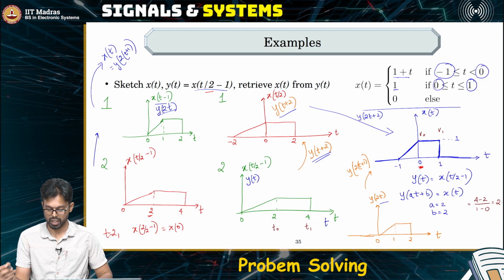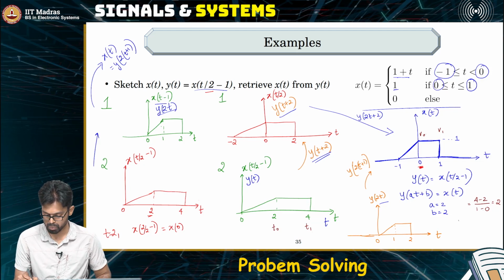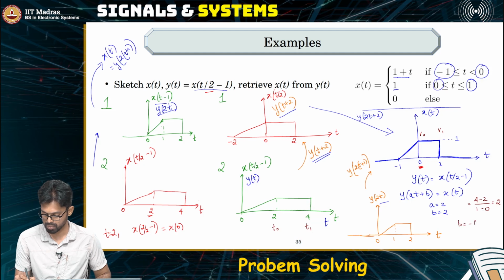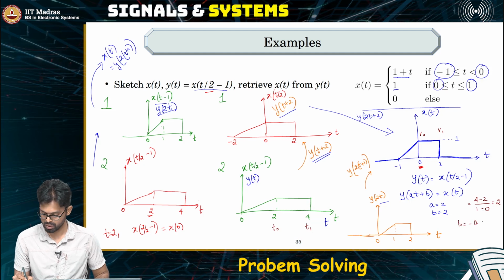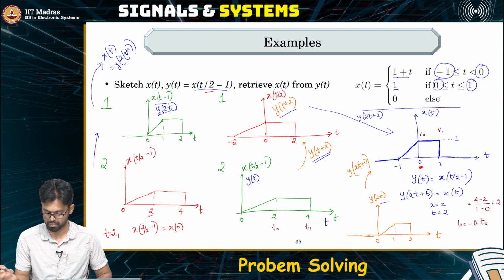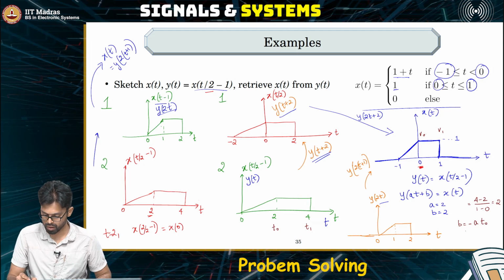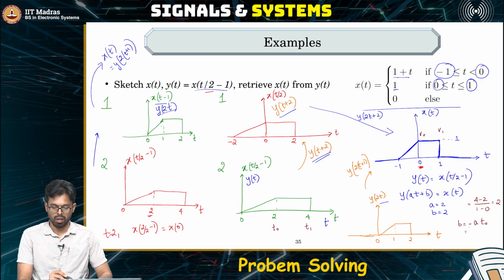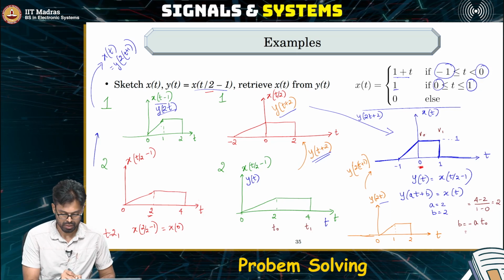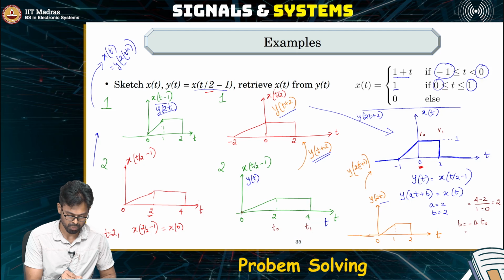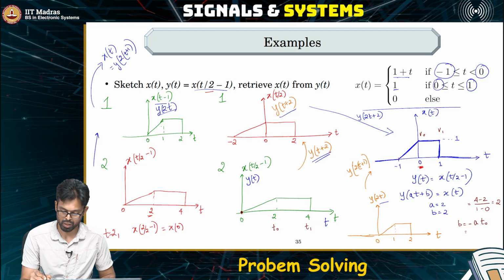Okay, if A is 2, then how do you find B? B is minus A times T0. Okay. So the origin was here, this point, and it has moved to minus 1.